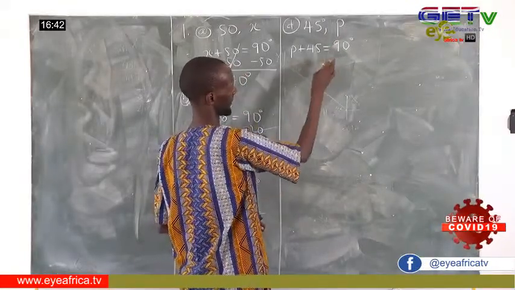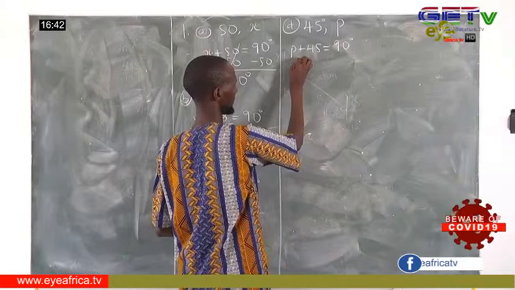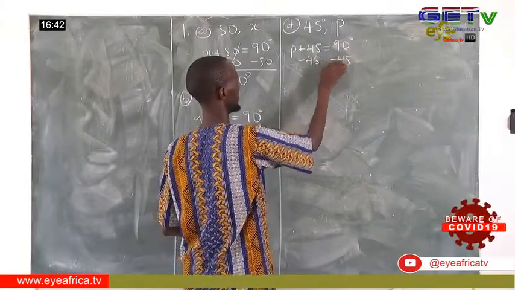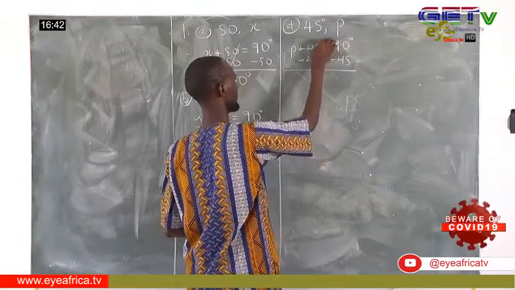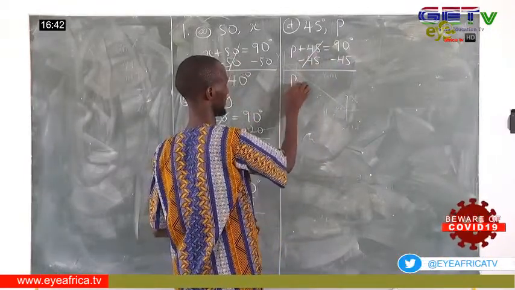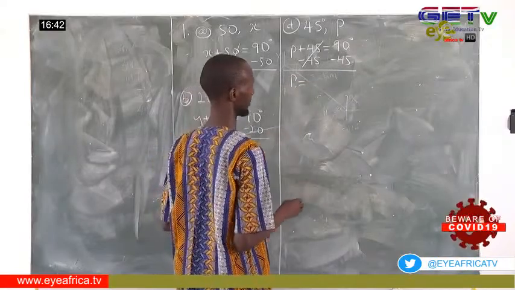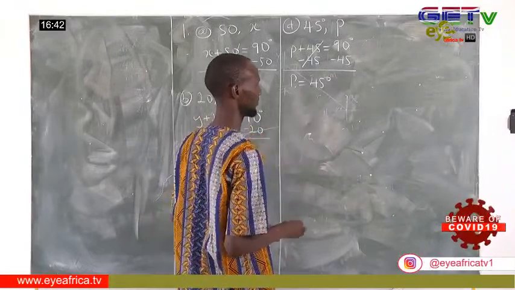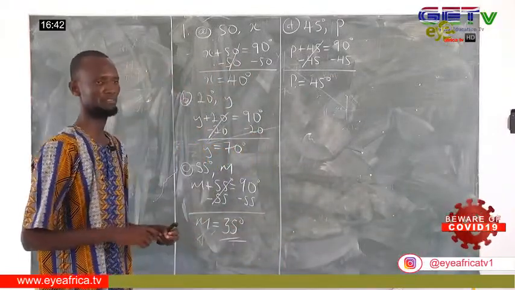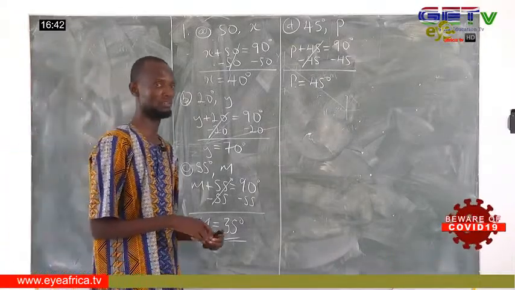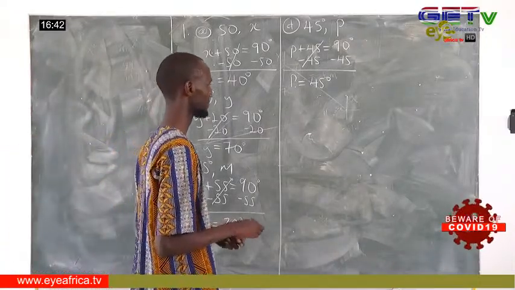And if you subtract 45 from both sides, the 45s cancel each other out. P is 90 minus 45, which should give us 45 degrees. So therefore the complement of 45 degrees is 45 degrees because 45 plus 45 is 90.